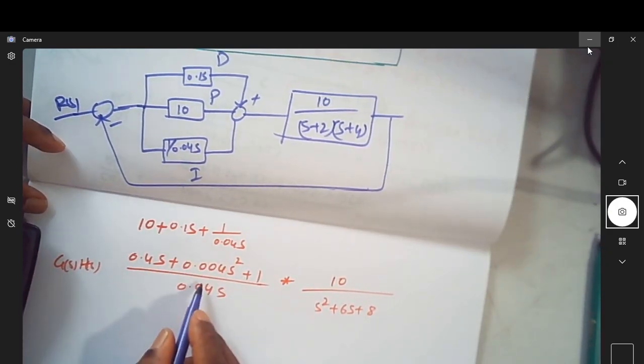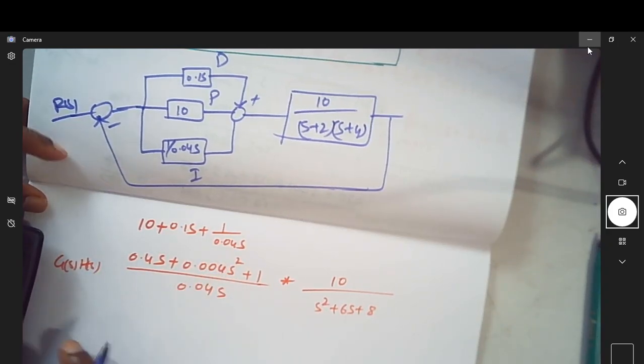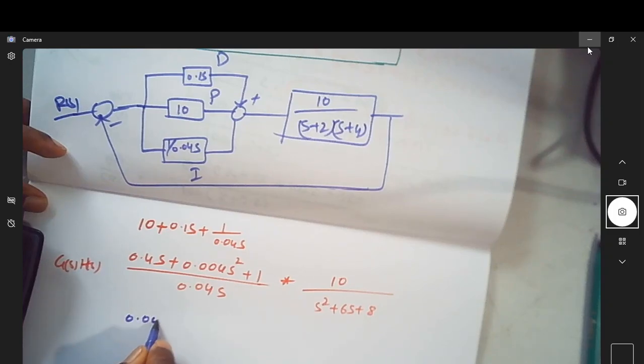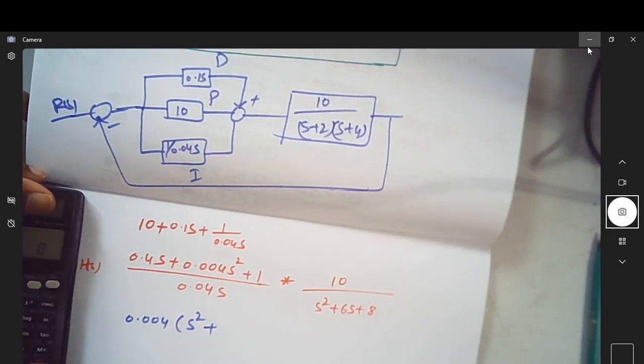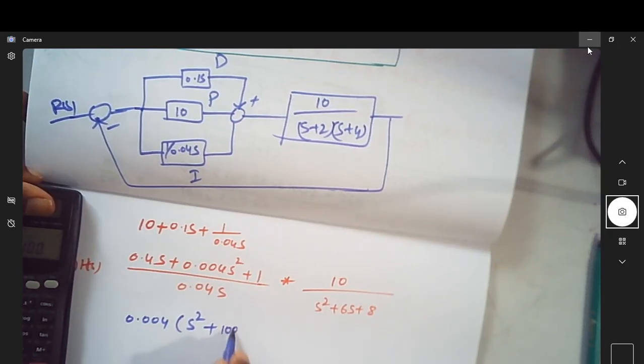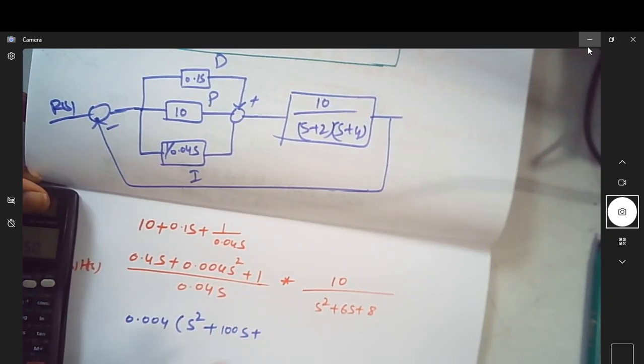Now if I further simplify this, let me make the s square coefficient as 1. So if I take out 0.004 outside, this will be s square plus, so 0.4 divided by 0.004 is actually 100, plus 1 divided by 0.004 is 250.